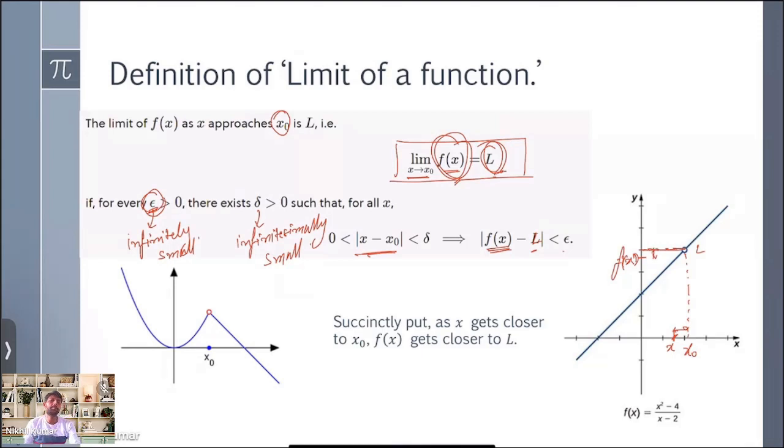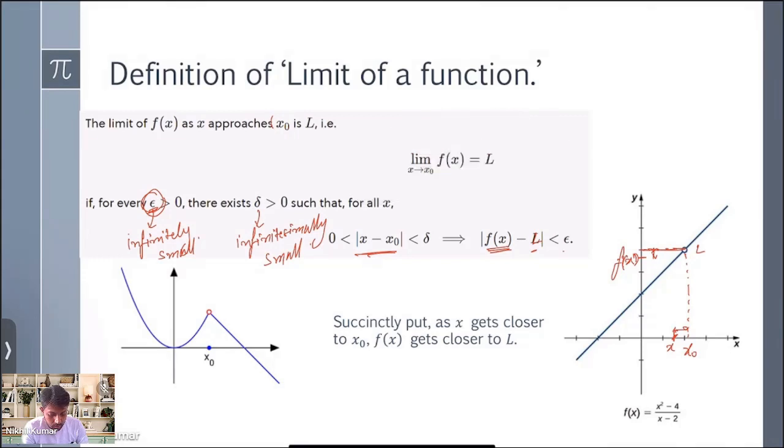So that's what we mean by the limit of a function. Once again, let's understand the formal definition of the limit of a function. This is a very classical, very important epsilon delta definition of limit of a function. Let's try to understand it once more.